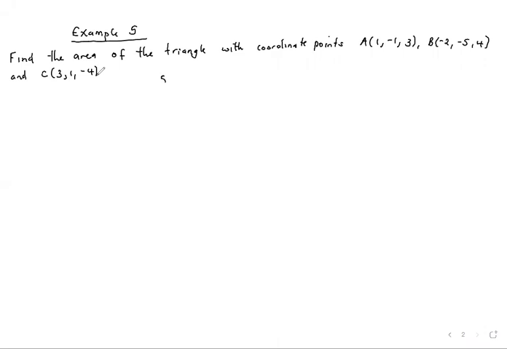So you say, okay, solution. To find the area of this triangle, you first form vectors in between the points of this triangle, because what we have are points. So we need vectors. So you can form vector AB, vector BC, and vector AC.